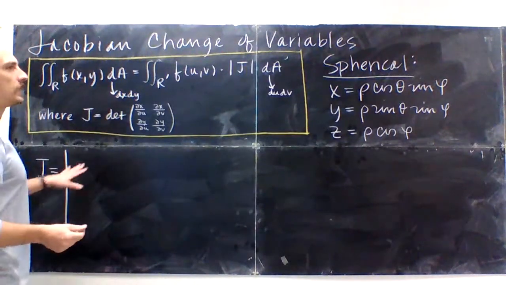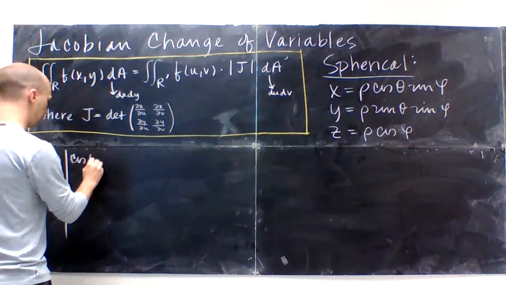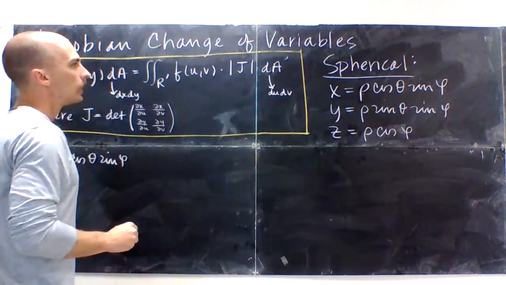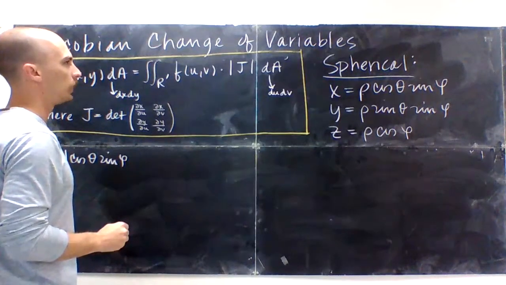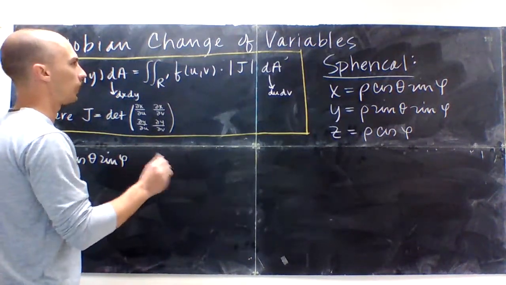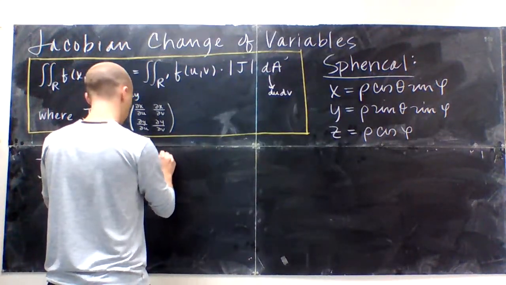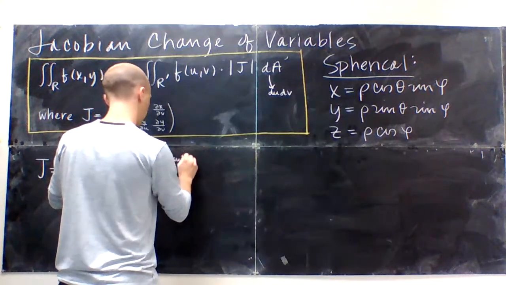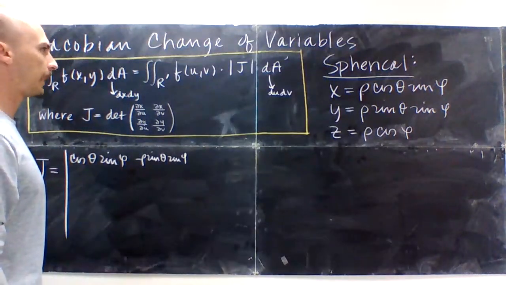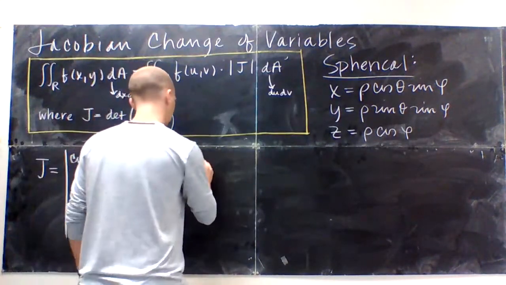So dx d rho is cosine theta sine phi. dx d theta is going to be negative rho sine theta sine phi. And then dx d phi is going to be rho cosine theta cosine phi.